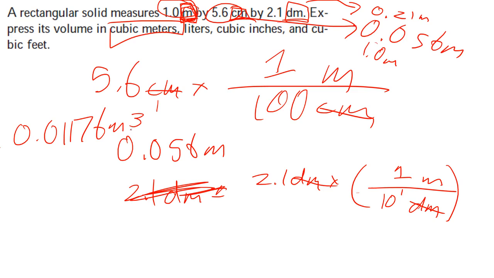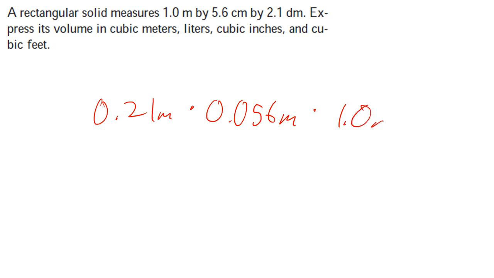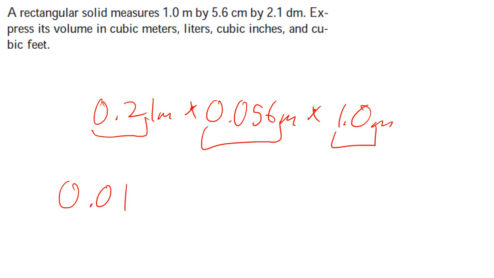And that's the volume in cubic meters, by the way, so that's our answer. But the reason it's meters cubed, look at it: 0.21 meters multiplied by 0.056 meters multiplied by 1.0 meters. So 0.21 times 0.056 times 1.0, that's 0.01176.